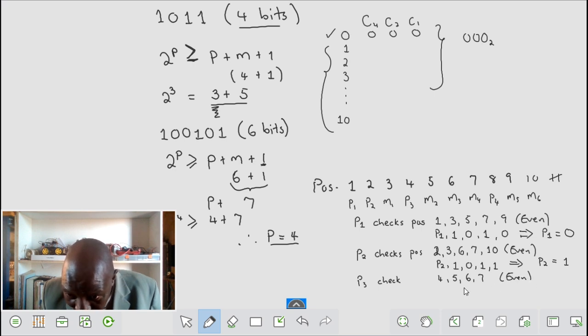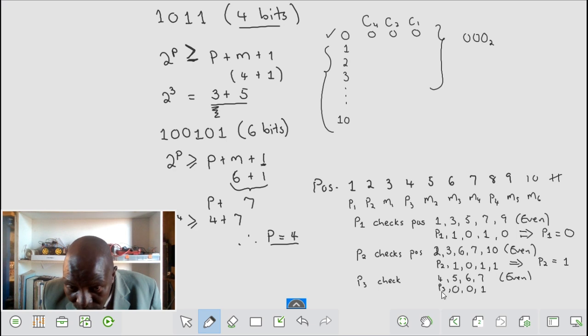What does it mean? This is P3. Position 5 is M2, and M2 is a 0. Position 6 is M3, which is 0. Position 7 is M4, which is 1.